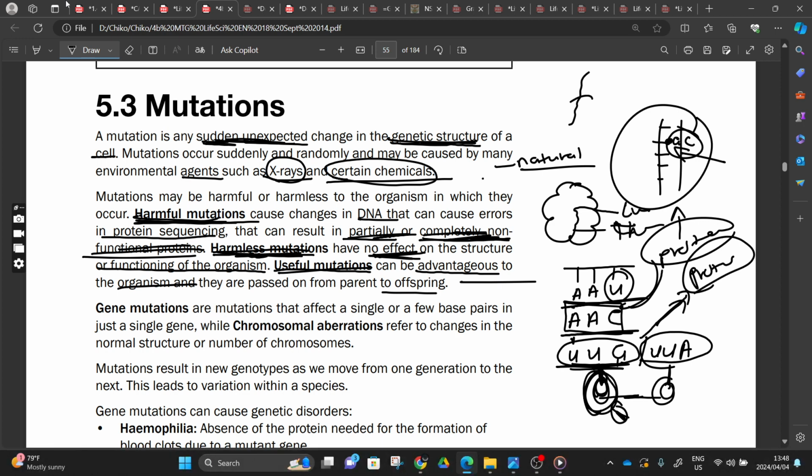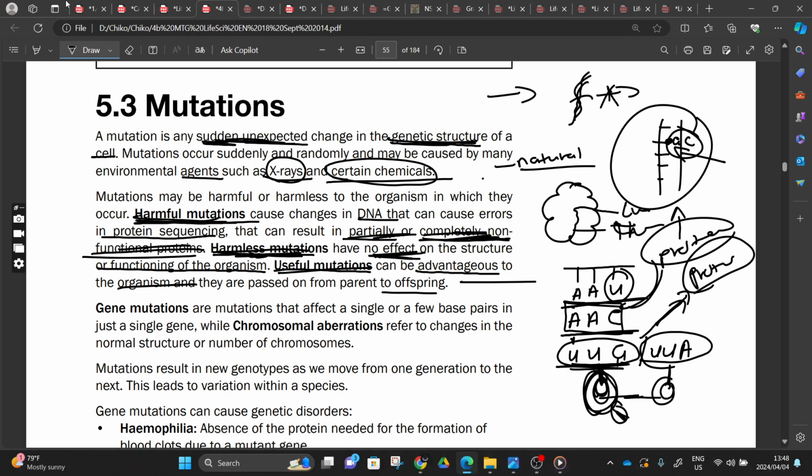So same thing, a useful mutation is a mutation that, when it occurs, the organism is going to benefit from it, and then that gene or that sequence is going to be passed on from one generation to the next, right? But if we have a mutation and it is useless, it means that it cannot be passed to the next generation.